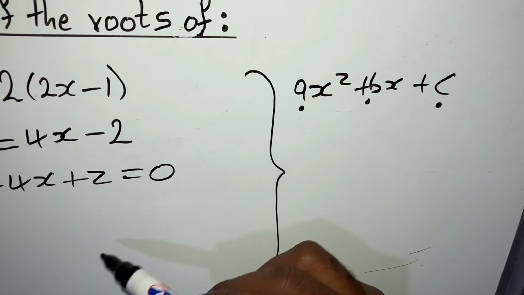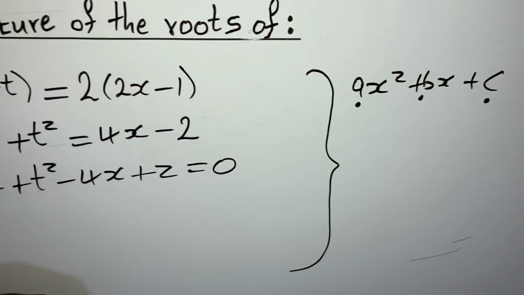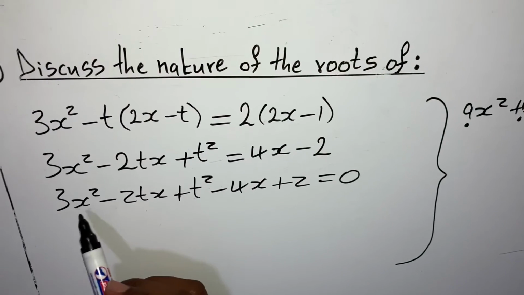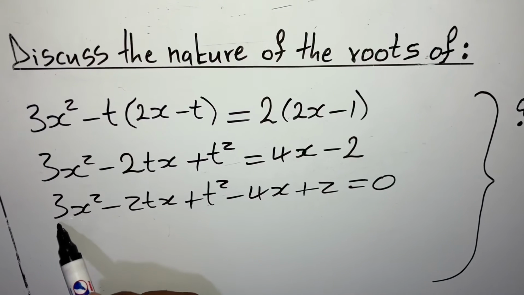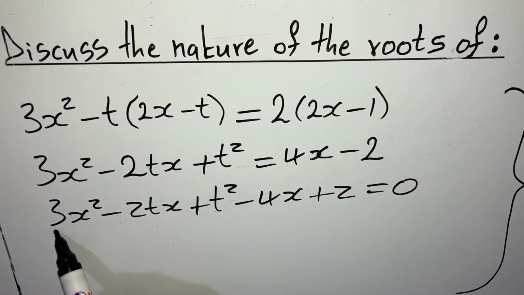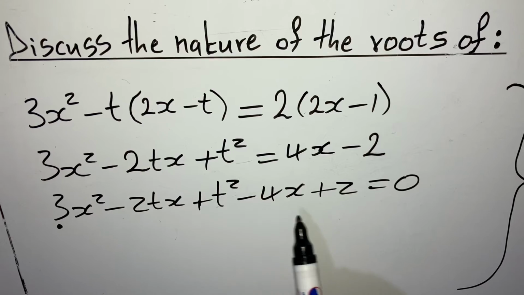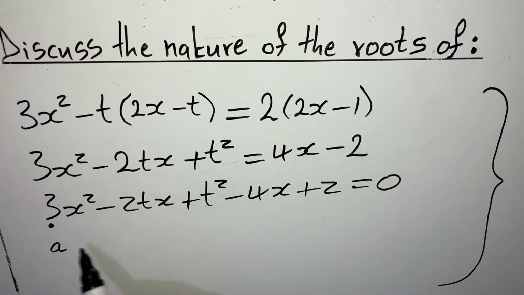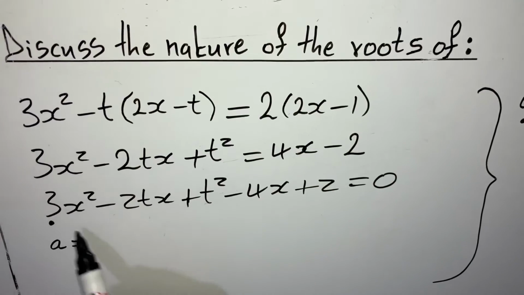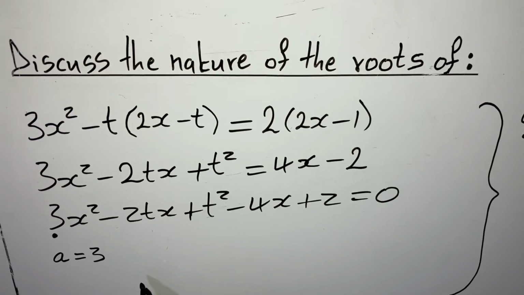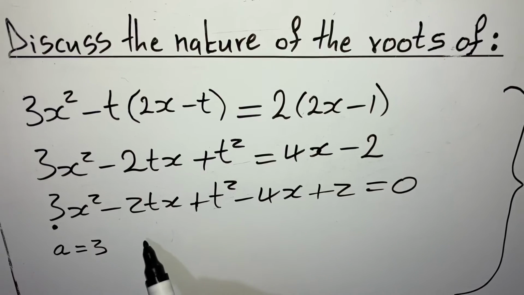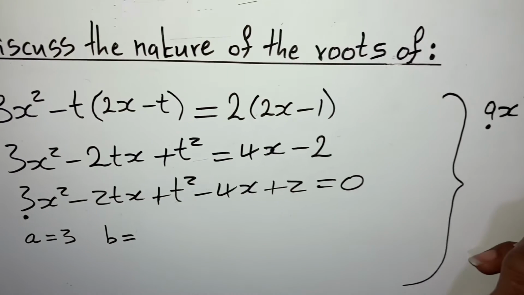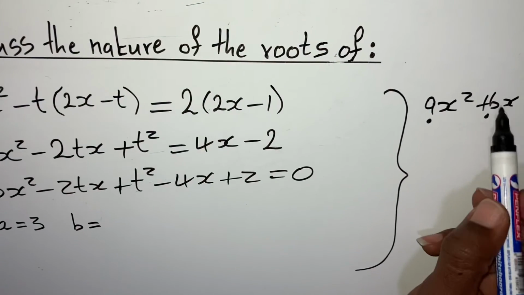So we go back to our sum to check. Everything before x squared, it's our a. How many? We only have a 3, which is before x squared. So for our a in the formula, we'll have 3. Then for our b, which refers to everything that will be before x.